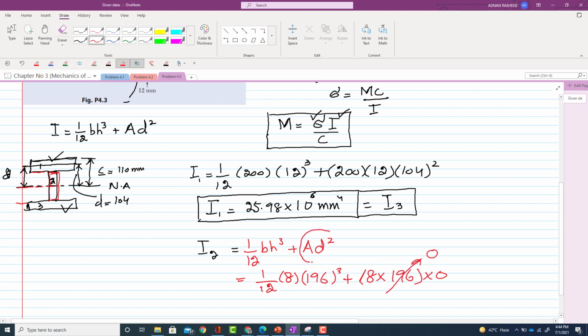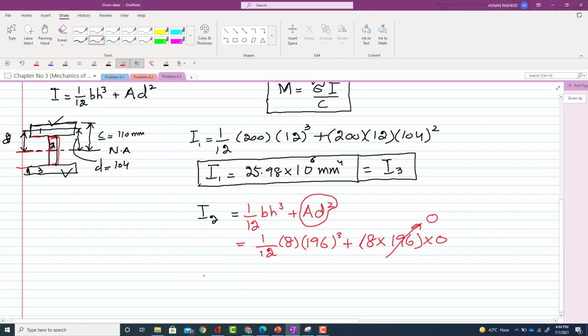That's why we do not include A into D square for the moment of inertia of a body whose axis passes through its centroid. I think this concept is clear to you now. So I2 will simply be 1 over 12 BH cube, equal to 1 over 12 into 8 into 196 power 3.